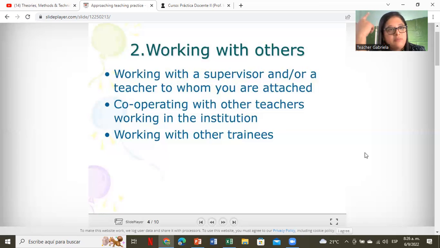All the experience. All the challenges. Okay? So, look at the second: cooperating with other teachers working in the institution. Teacher, would you please teach us how to control, how to get the control management in the classroom? Could you please teach us the methodology according to tercer ciclo, according to high school?